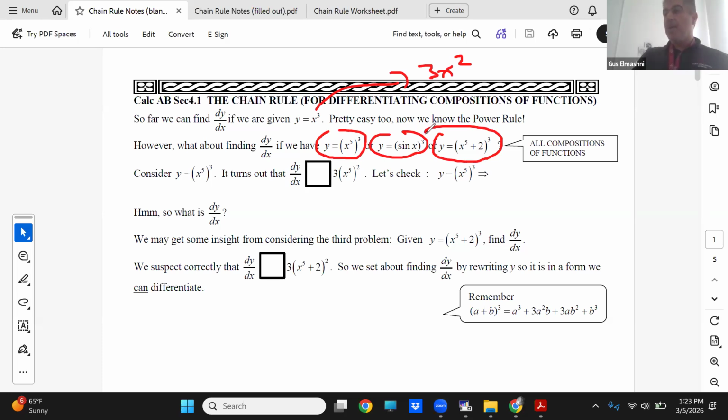These are a little more complicated functions, right? Because they're composites. Like x to the fifth is inside of a cubic function. Sine x is inside of a cubic function. X to the fifth plus 2 is inside a cubic function. Well, if you consider y equals x to the fifth, then raised to the third, someone might think, oh, let's just move that 3 to the front and drop this by 1, right? Someone might think that dy over dx equals this. But is that true?